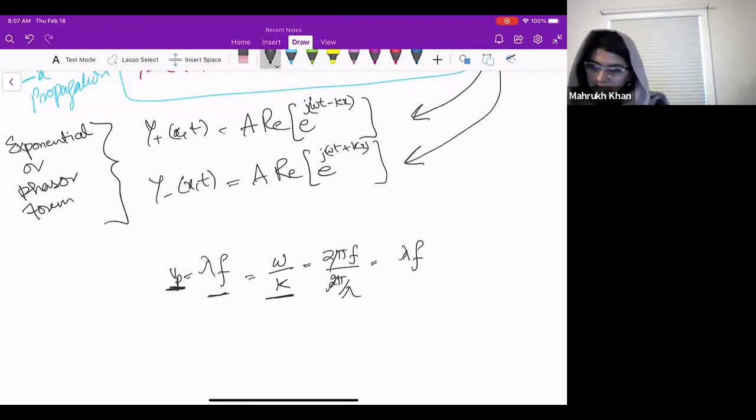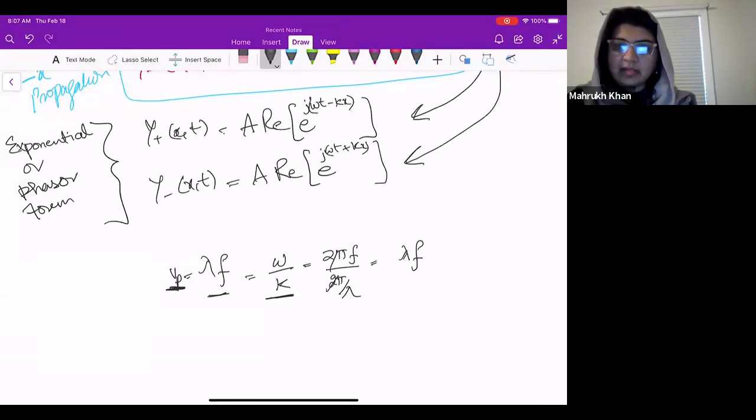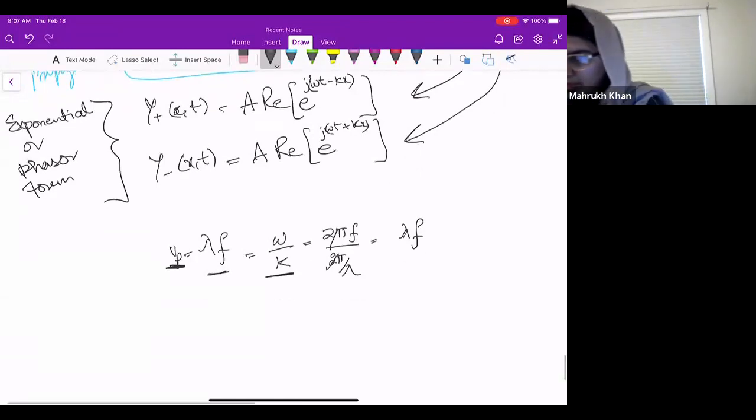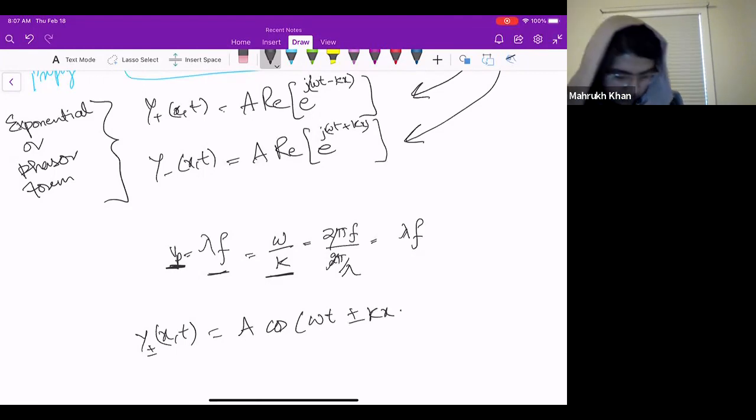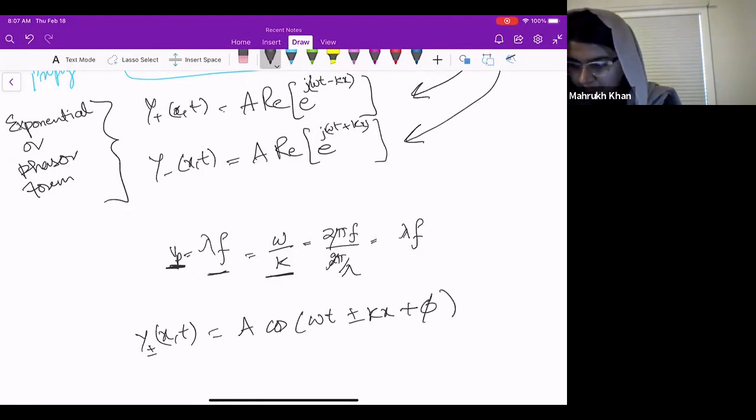One more thing is that when we started this problem, we ignored phase, right? We said that phi is equal to 0. So what if we put back the phi? We can also write it as a cos(omega t plus minus kx plus phi).